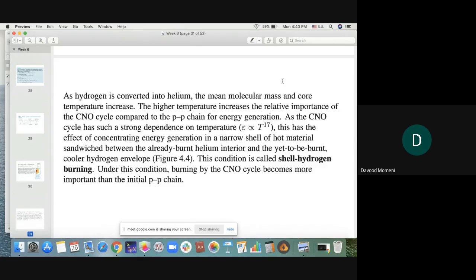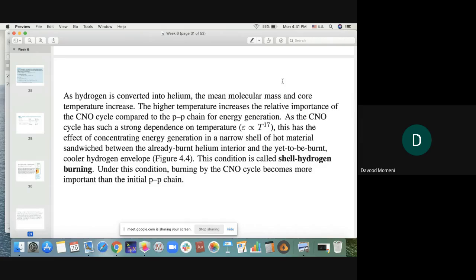It will push the energy generation to happen in a narrow shell, and this narrow shell is sandwiched between the burnt helium interior and the cooler regions. You remember the burnt helium was a parameter by which you can estimate the age of the stars.